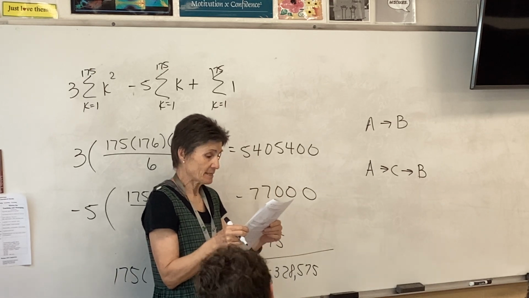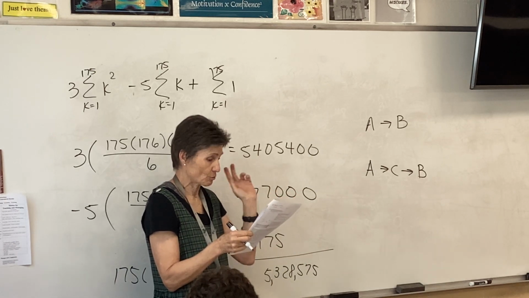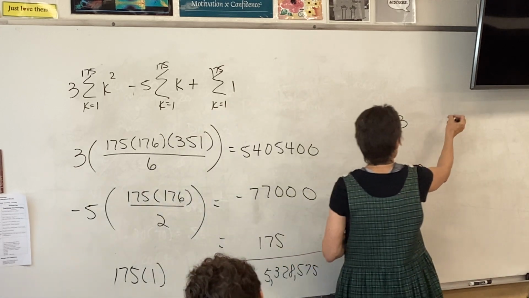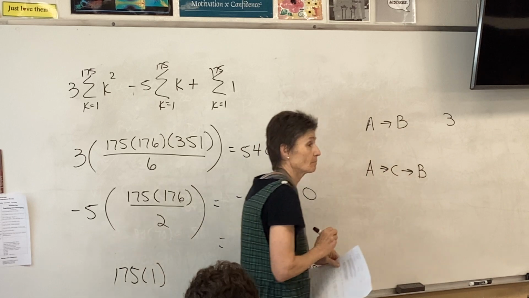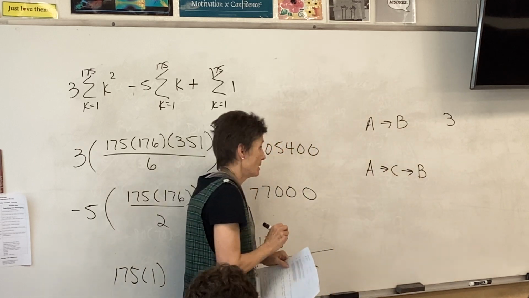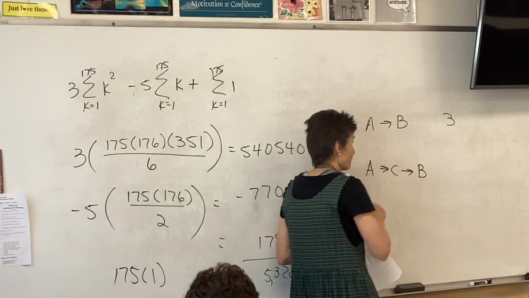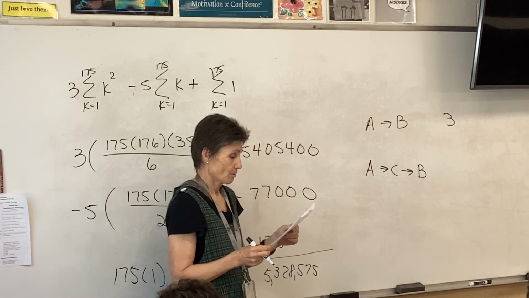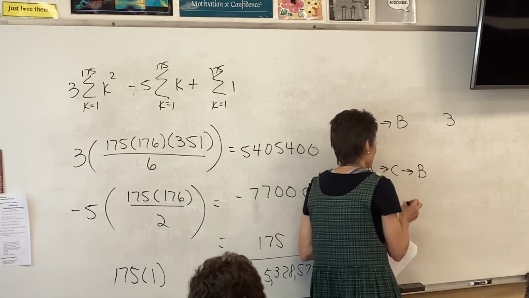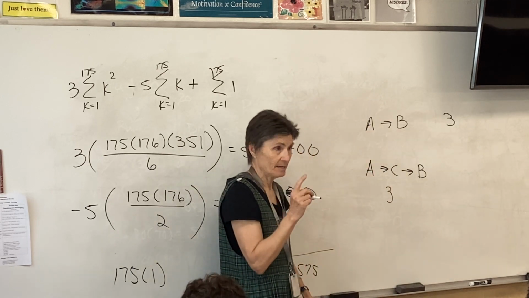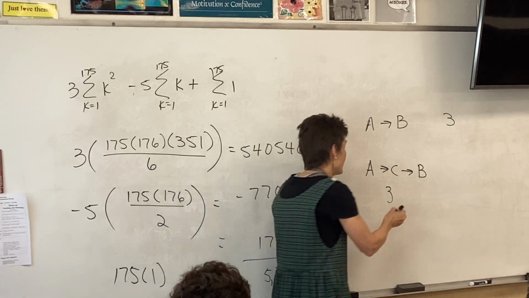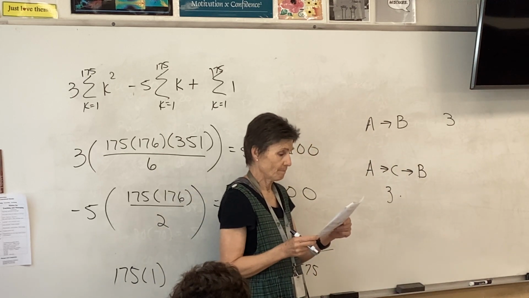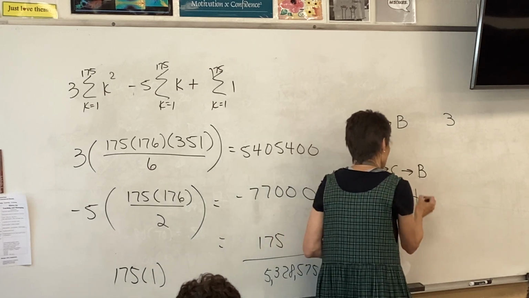All right, how many direct flights are there? We're just going to get on the plane and go straight to B. There are 3, so I have 3 of these options. Now, how many ways can I get from A to C? 3. And I need to get from C to B, and there are 4 of those.